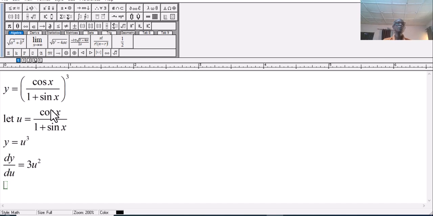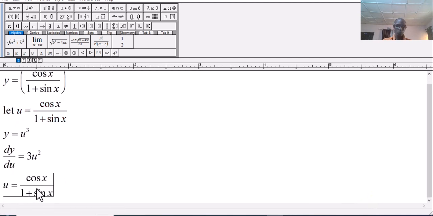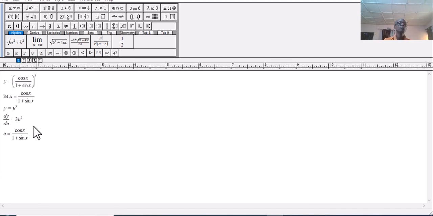So let's copy our u here. In this case, let a be equal to cos x.